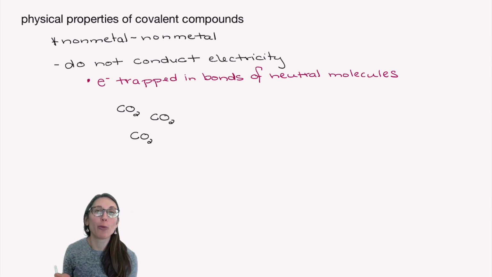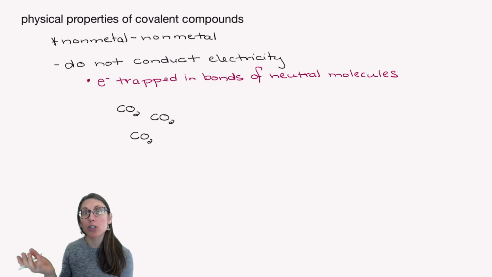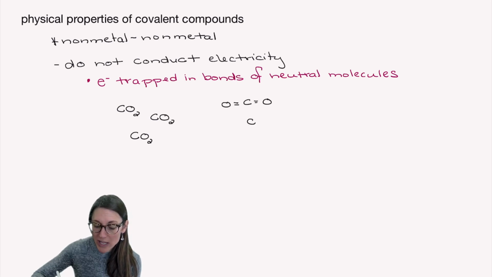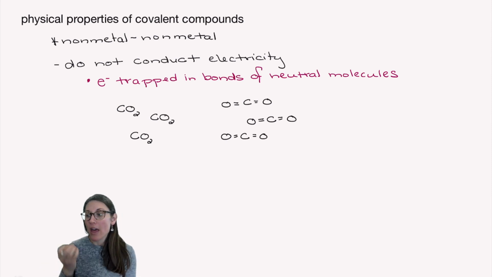And unlike a formula unit for an ionic compound, where we're really just showing the ratio of a larger crystal lattice, in this case, that's actually the atoms that are attached to one another. So each molecule contains just 1 carbon and 2 oxygens. They are individual molecules.